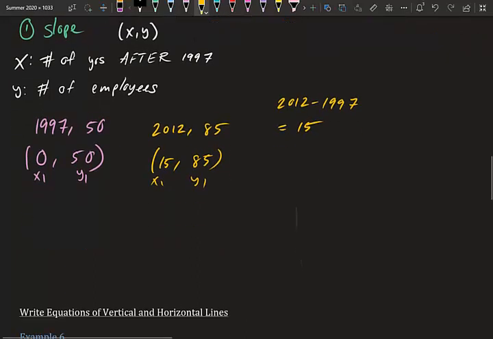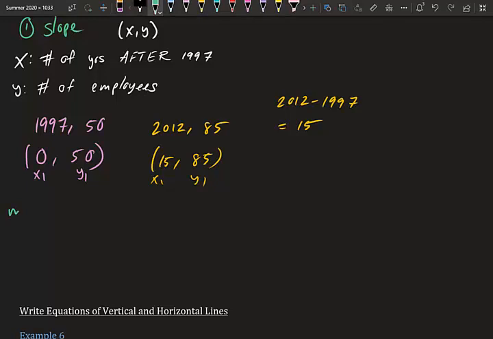So let's go ahead and find our slope, which is y2 minus y1 over x2 minus x1. So we have y2, which is 85, minus y1, which is 50, over x2, which is 15, minus x1, which is 0.